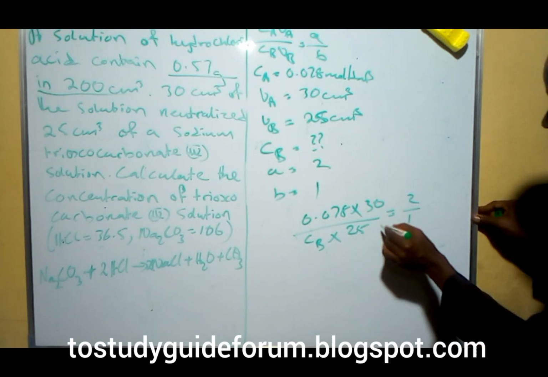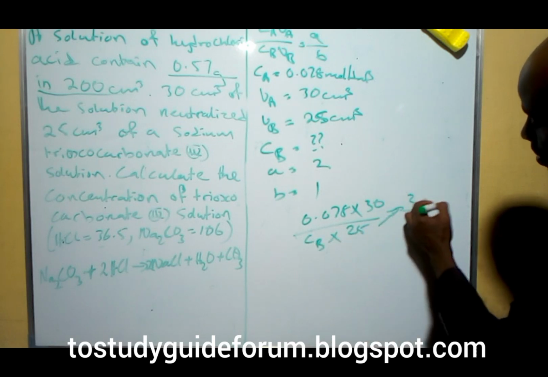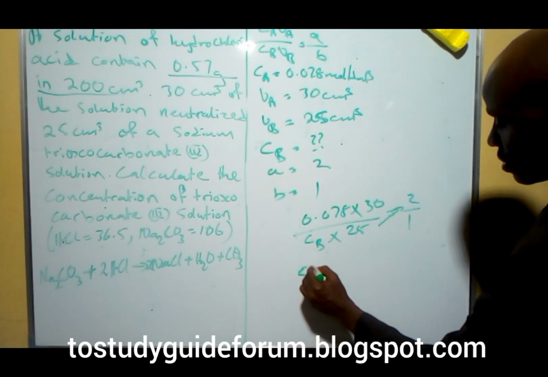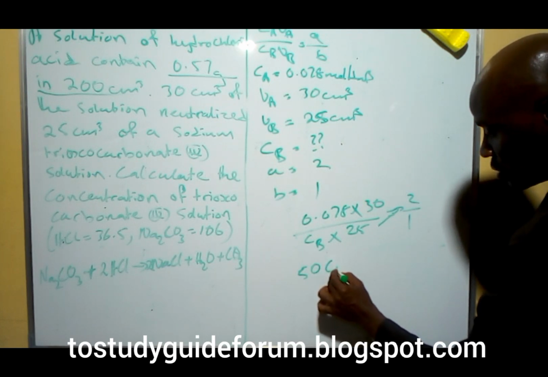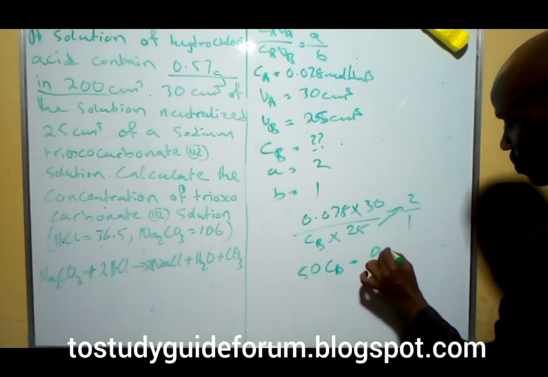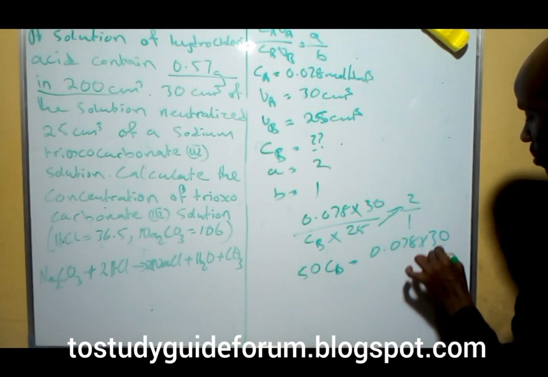When we multiply this out, we have 50 CB equal to 0.078 times 30.